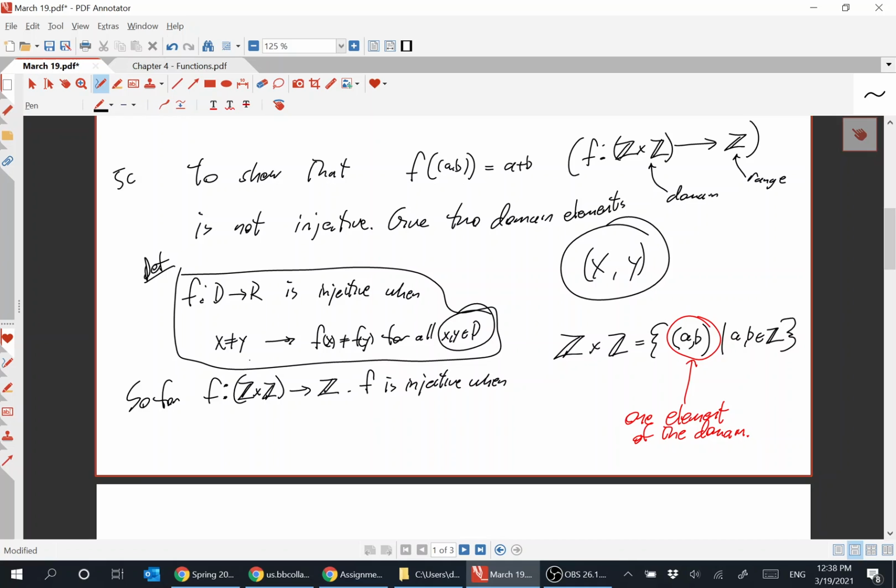Name them. I mean, not names as in Mark and Sally. Names as in what elements of the domain look like. What do elements of this thing look like? We've been talking about it here.